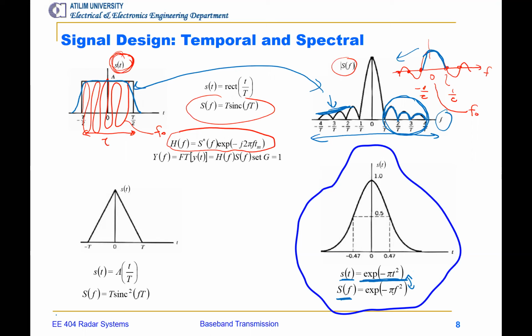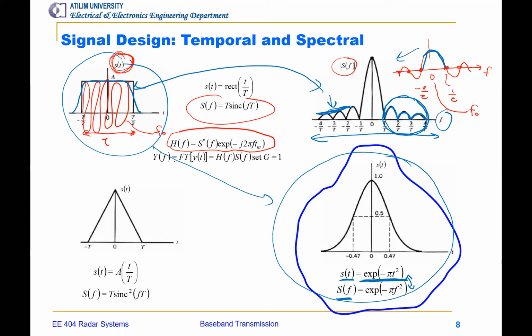So between this rectangular pulse and this exponential pulse, there may be many different alternatives, many different pulse shaping methods, or many different waveforms that we can choose, and then we can design a matched filter accordingly.